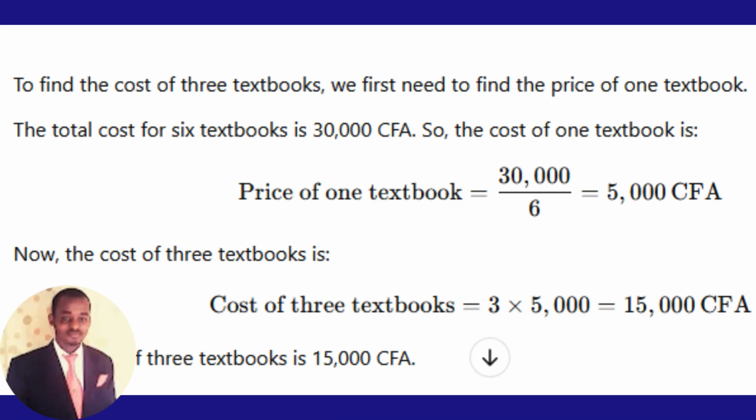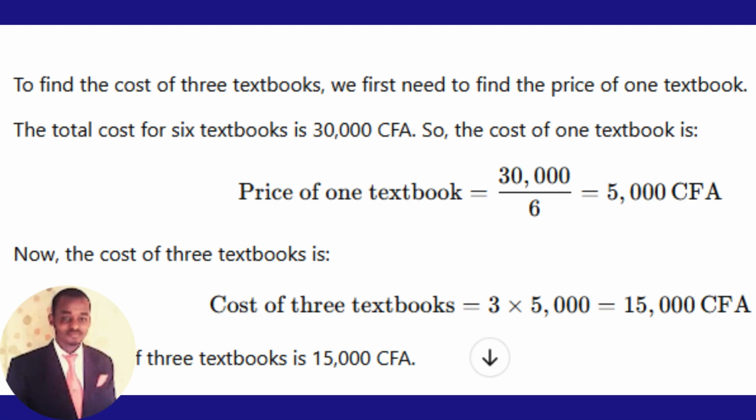The total cost for 6 textbooks is 30,000 francs, so the price of 1 textbook is 30,000 divided by 6, which gives you 5,000 francs. Now the cost of 3 textbooks is 3 times 5,000, because 1 textbook is 5,000 francs, which will obviously give you 15,000 francs.